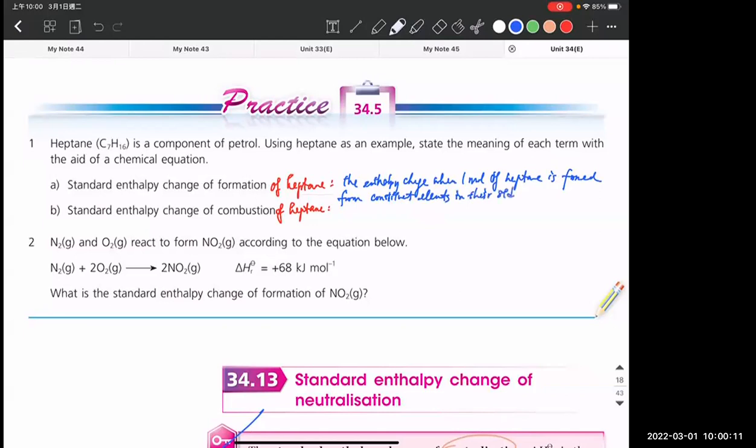Okay, is the standard state under standard conditions.